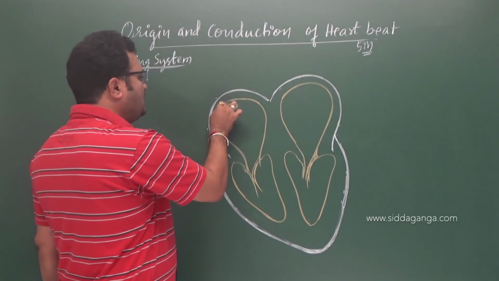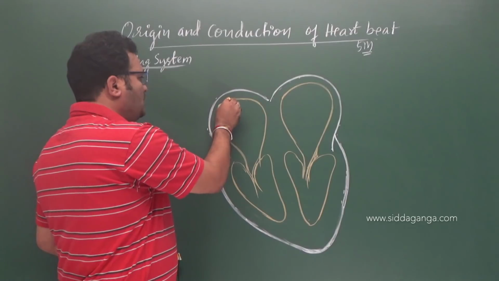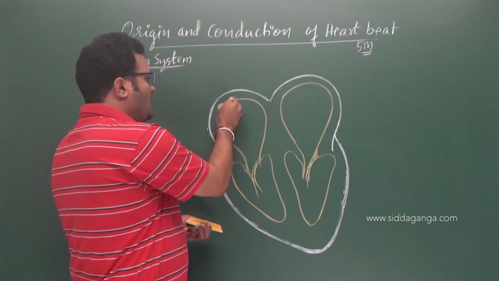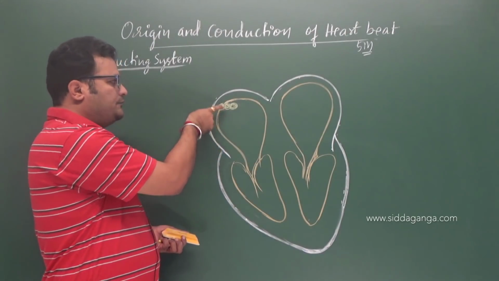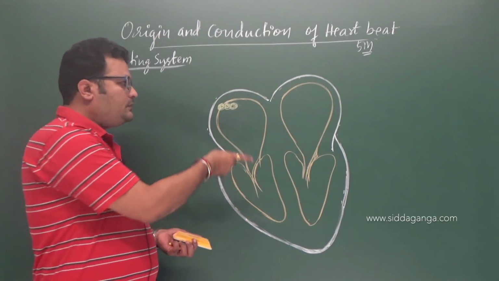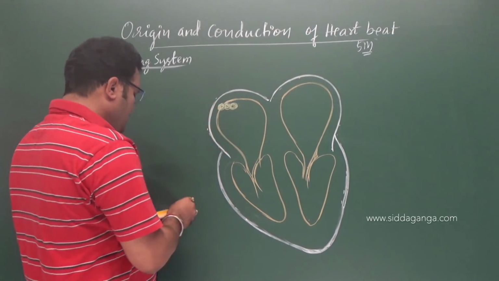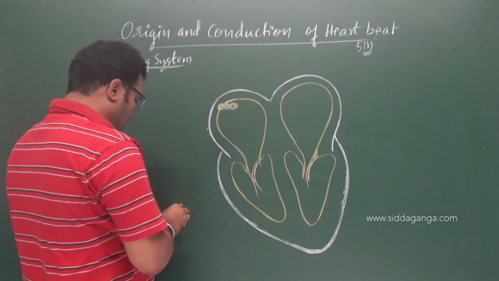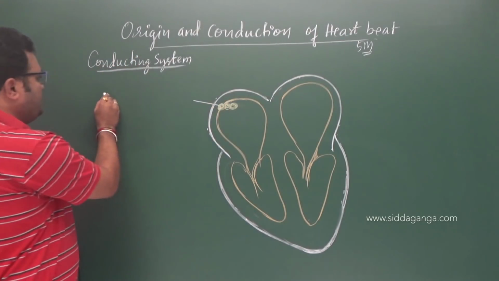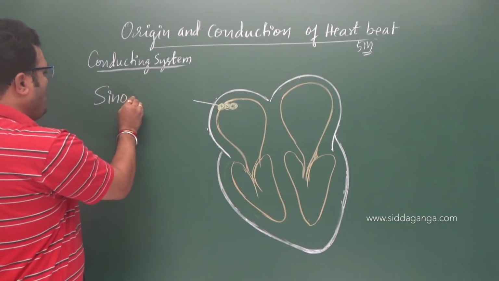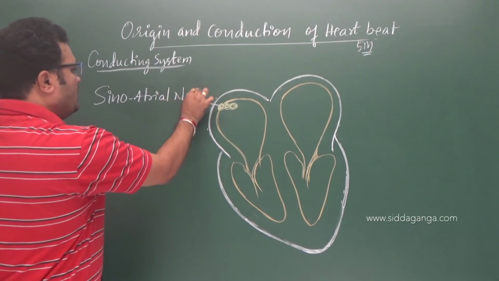Exactly in the right side of the upper corner, in the right atrium, there will be a node, and this node is specifically considered the sinoatrial node.